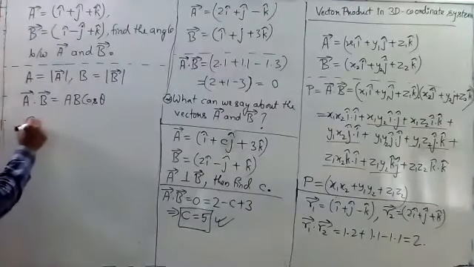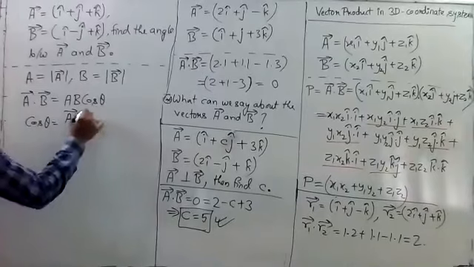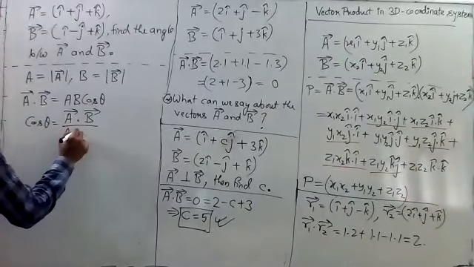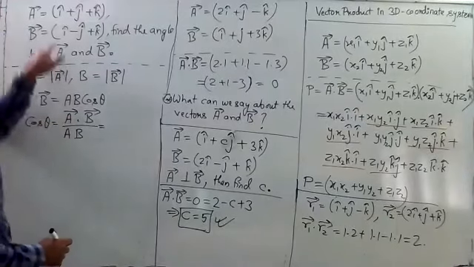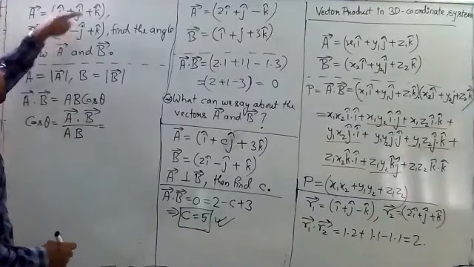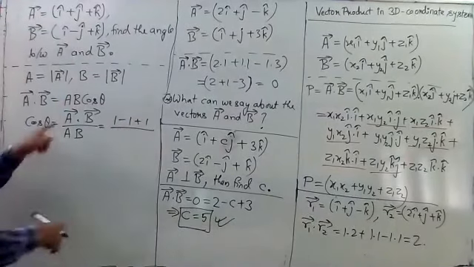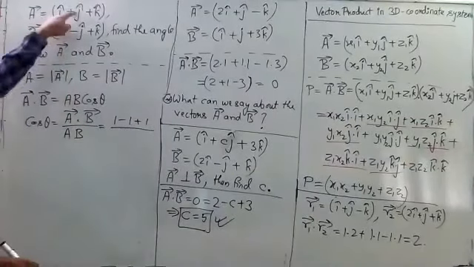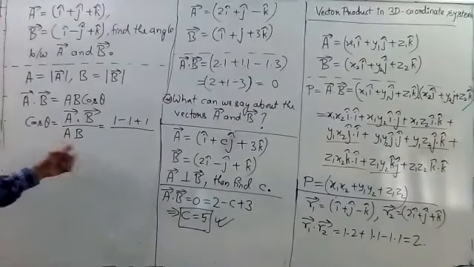So cos theta is equal to A dot B by magnitude of A into magnitude of B. So what can I write for A dot B? 1 minus 1 plus 1 in the numerator. Just take the dot product, you will get it. Also, what is AB?